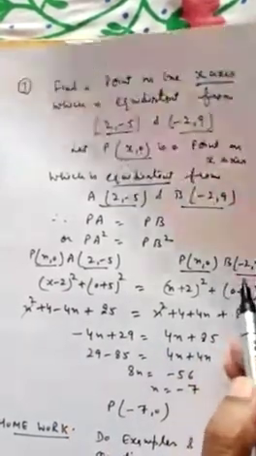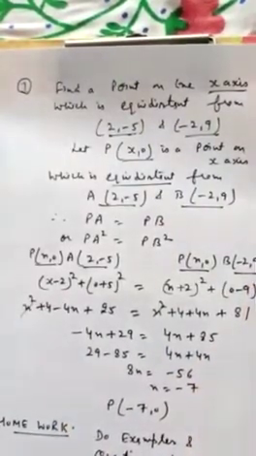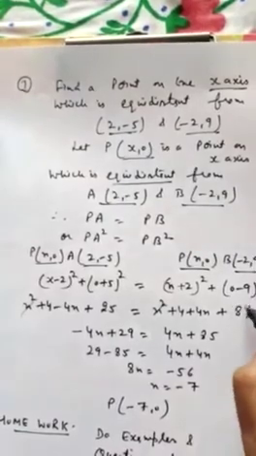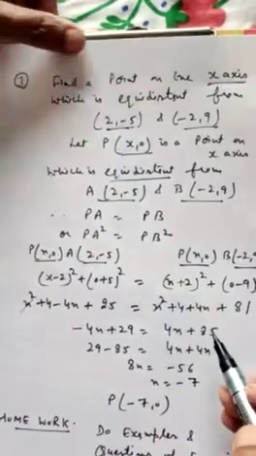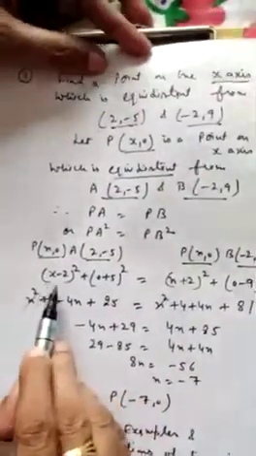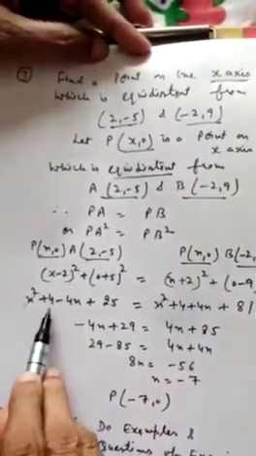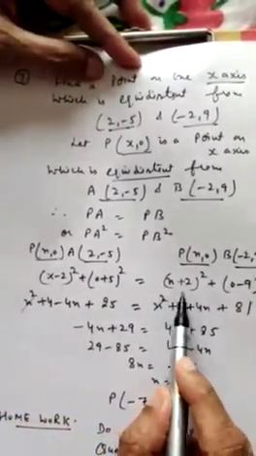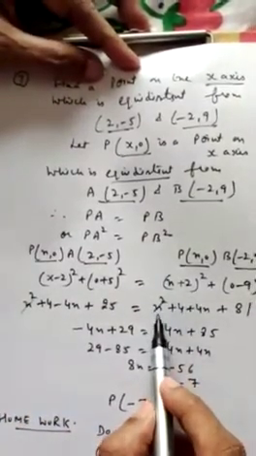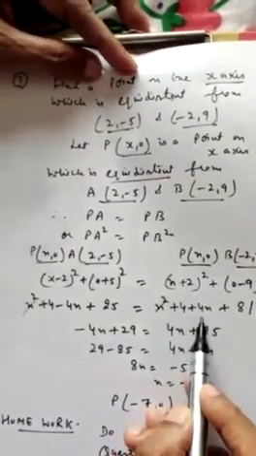On the other hand, it is (x plus 2) whole square plus (0 minus 9) whole square. When we open the whole square, (x minus 2) whole square is x square plus 4 minus 4x. When we open (x plus 2) whole square, it is x square plus 4 plus 4x.